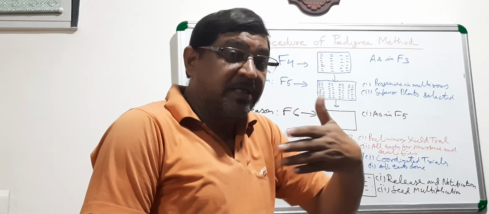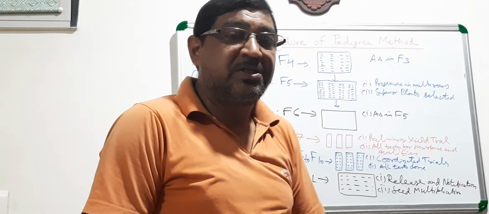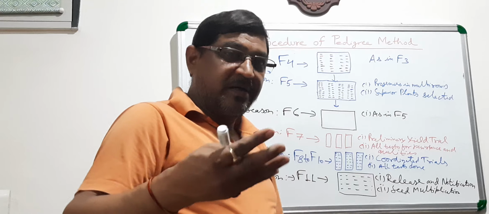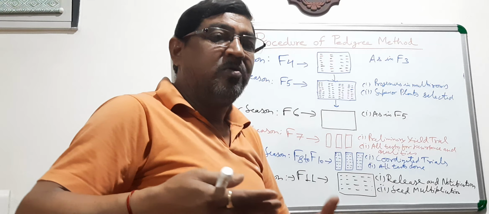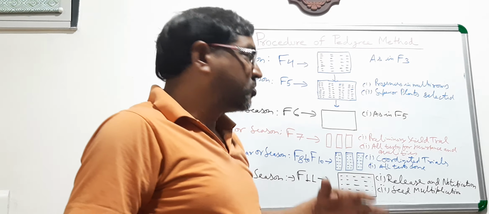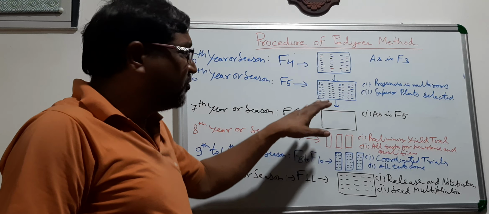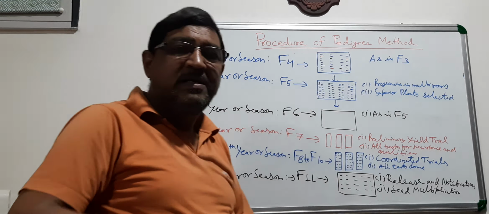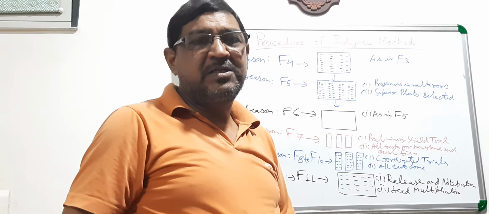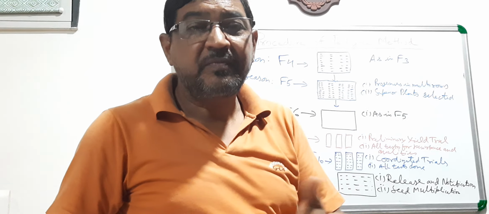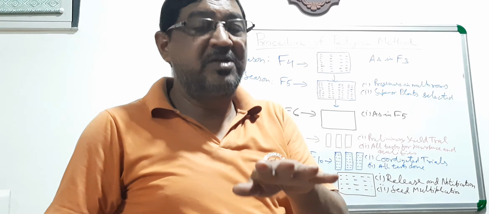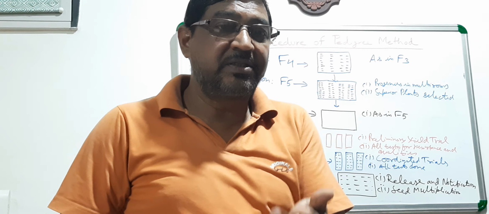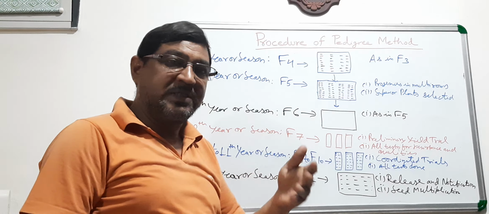Now as you are advancing the generation, your homozygosity is increasing on more and more loci. So these progenies are planted in multi rows because you are going to get homozygosity, and you have a better opportunity to judge the material which you are selecting.